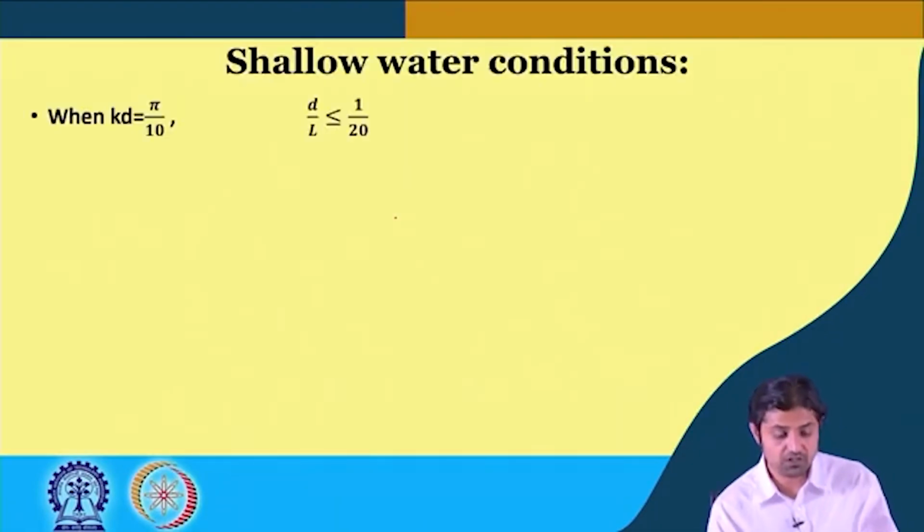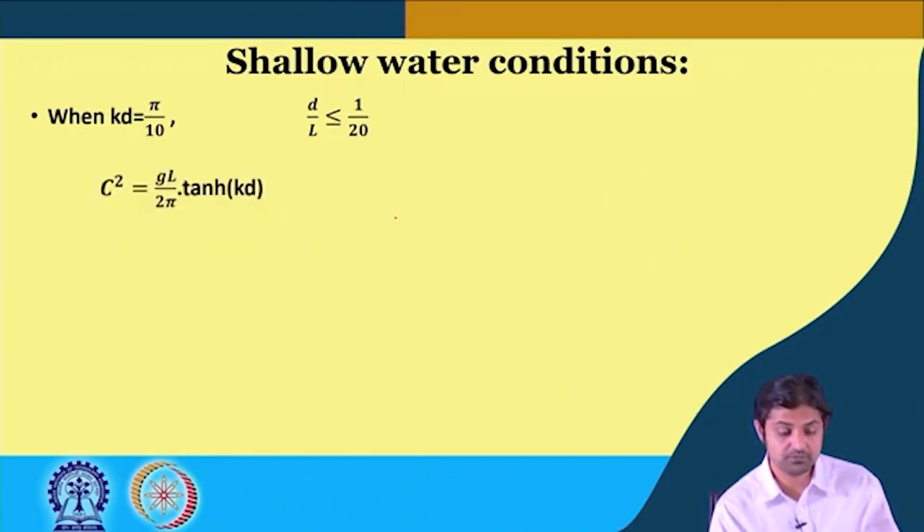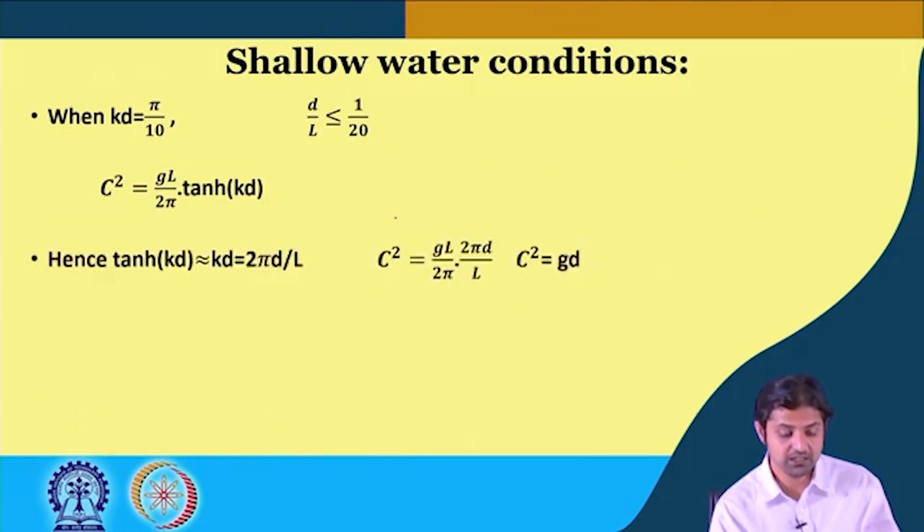Now, what are the shallow water conditions? kd is equal to pi by 10. All right, that's what we said. 2 pi d by L, that is what we found out from the table. Therefore, c square can be written as gL by 2 pi tanh kd.